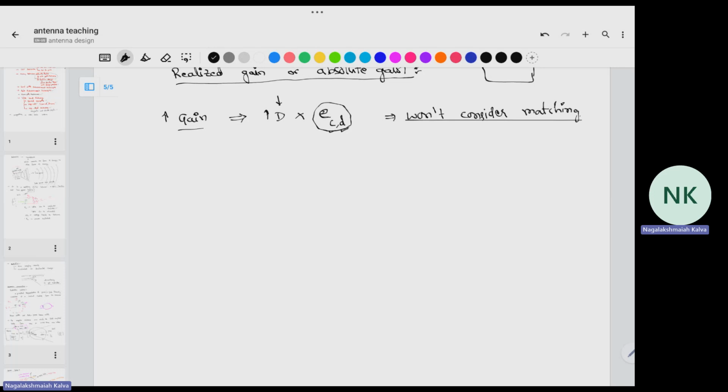The other term is realized gain, which is the total gain. You can say directivity multiplied by total efficiency, or gain multiplied by matching efficiency.